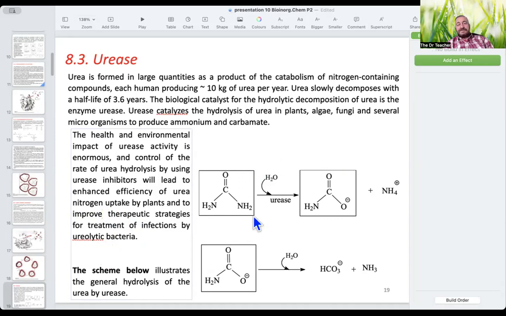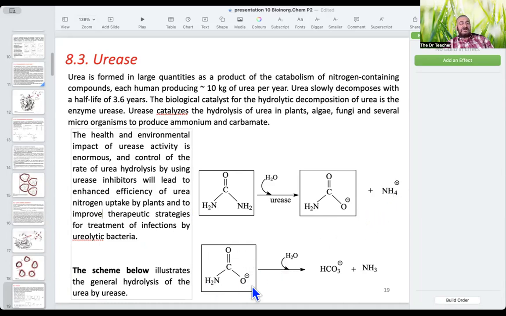So you can see here you have the urea, carbon double bond O, NH2, NH2. When you introduce water with the urease enzyme, you replace the NH2 by oxygen, leaving ammonia out.